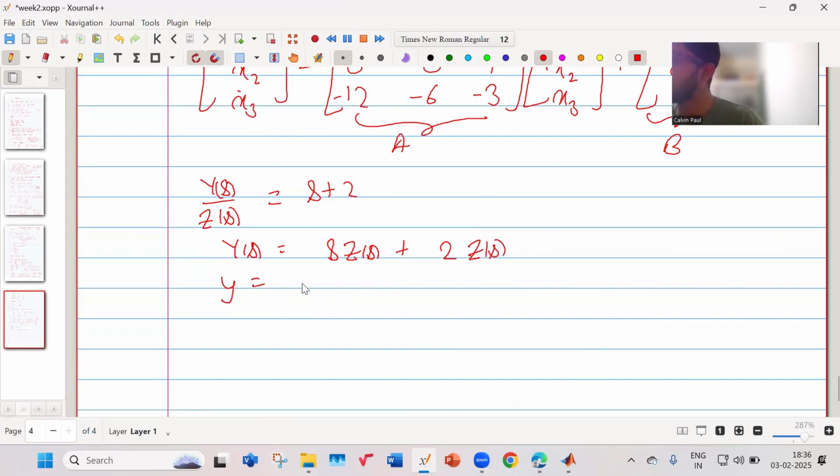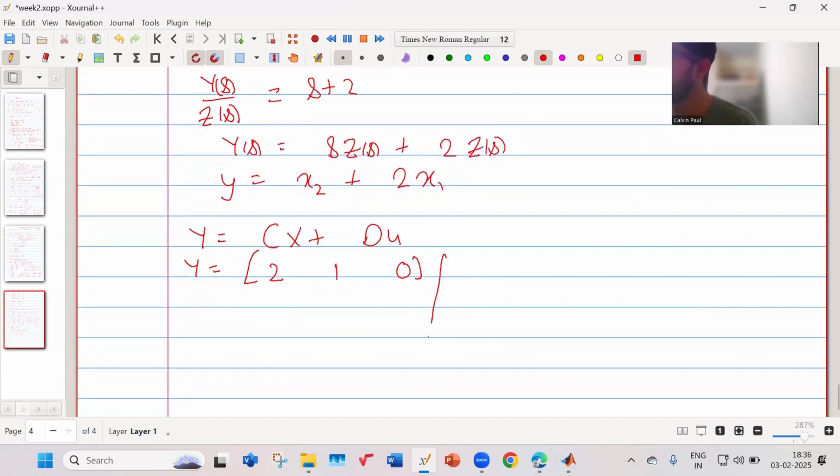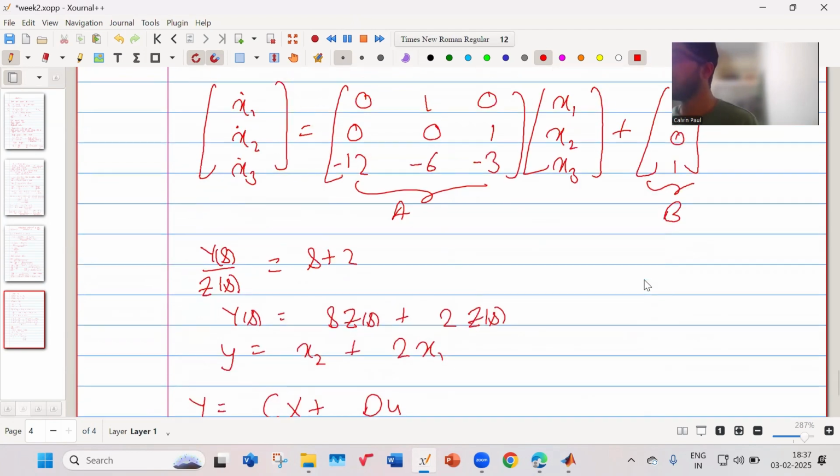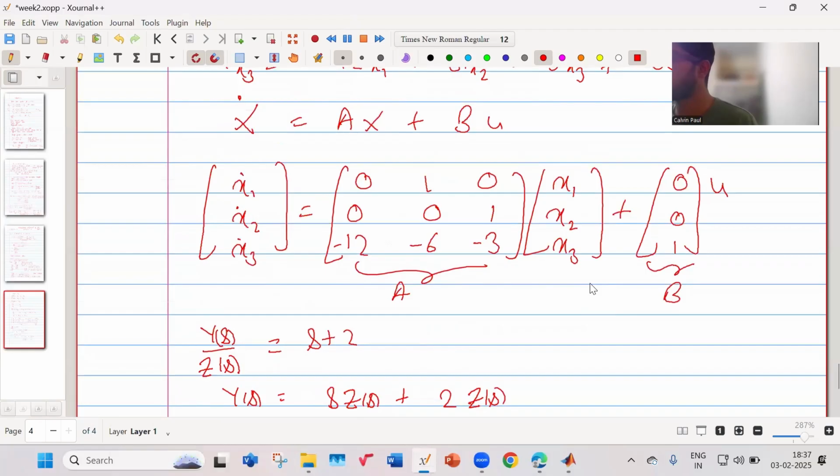So actually my y is x2 plus 2x1. Okay. So y, which is Cx plus Du, is 2, 1, 0 into x1, x2, x3 plus 0 into u. And this is my C matrix. This is my D matrix.